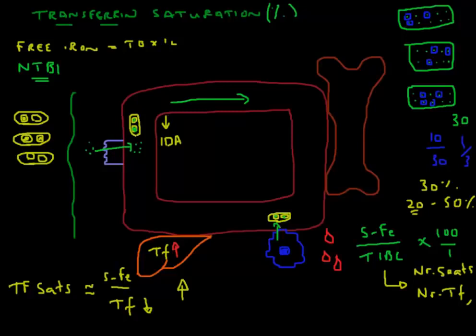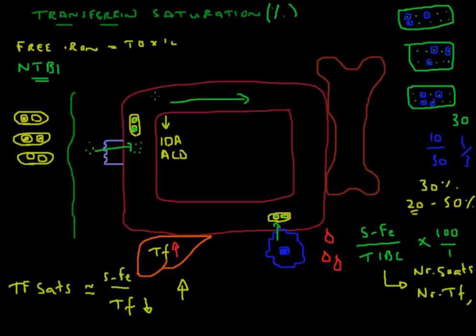Another very interesting one, and this will help you a lot, because anemia of chronic disease is sometimes a difficult concept to understand and to remember what happens exactly with the iron parameters here. And I'm quickly going to show you by example of anemia of chronic disease caused by infection.